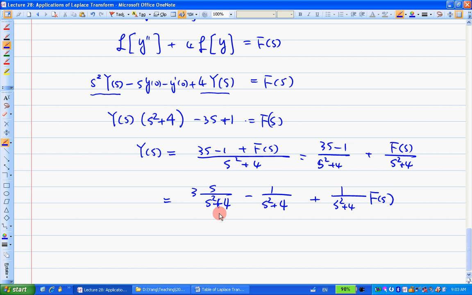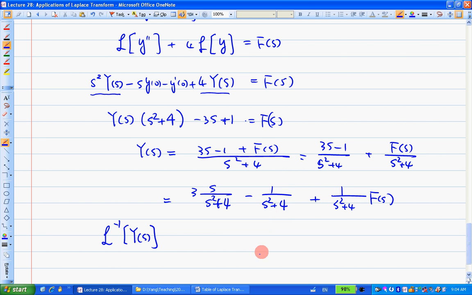All right. So then we're going to take the inverse Laplace. Taking the inverse Laplace means we have to break this down to the simplest form. I can tell you this is actually the simplest. You can't break it down any further.